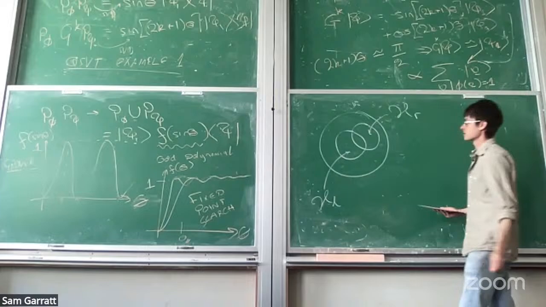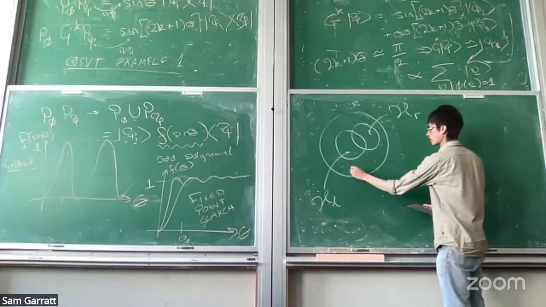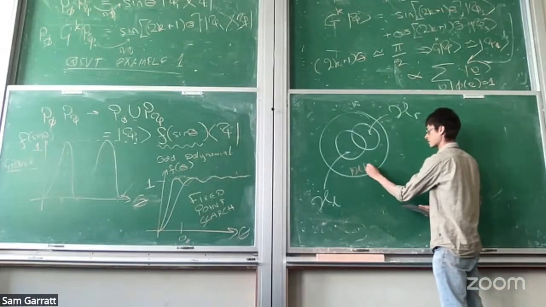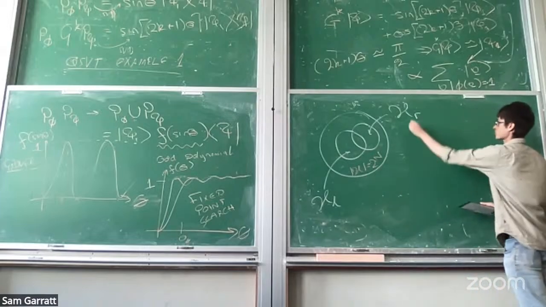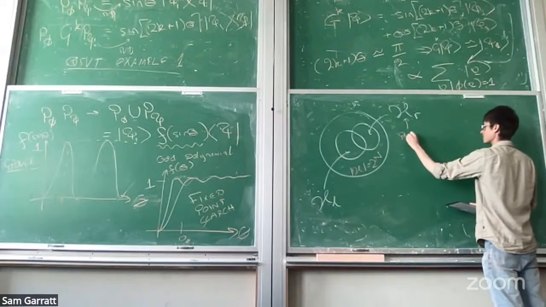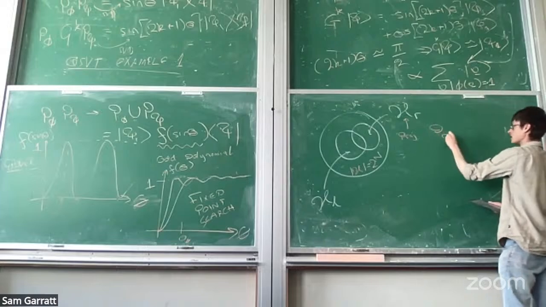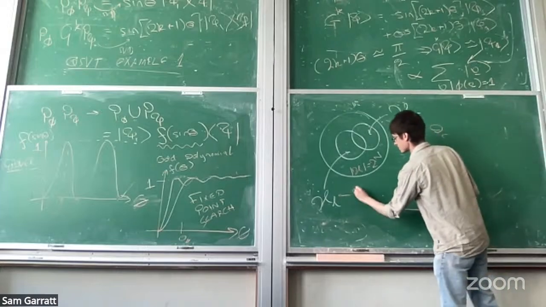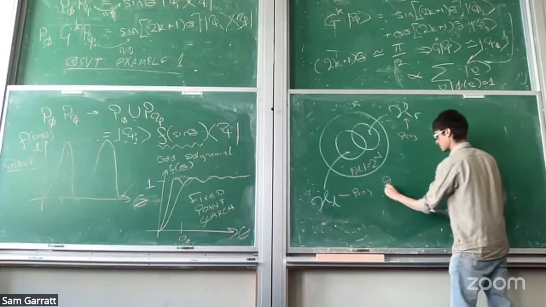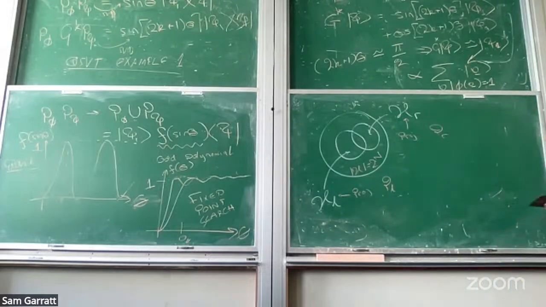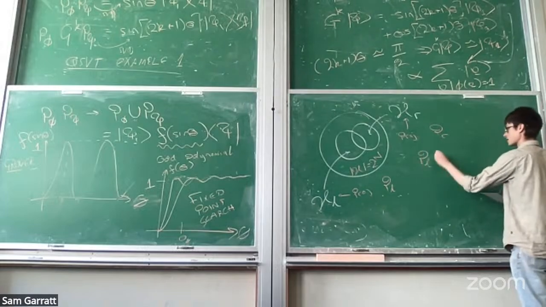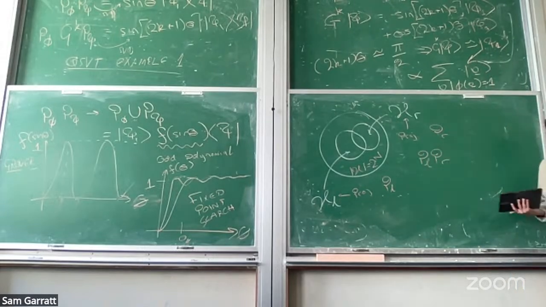These are two subspaces of the overall Hilbert space, which has dimension 2^n. The projector here is PR, and the projector here is PL.